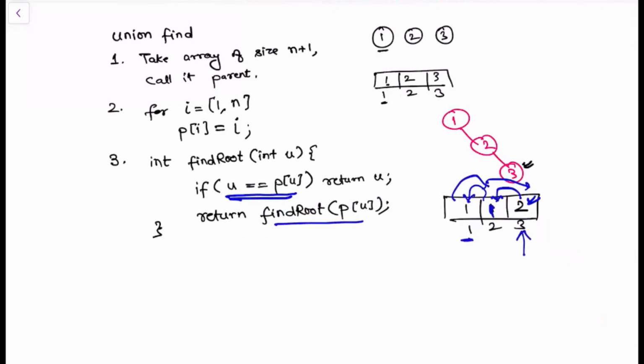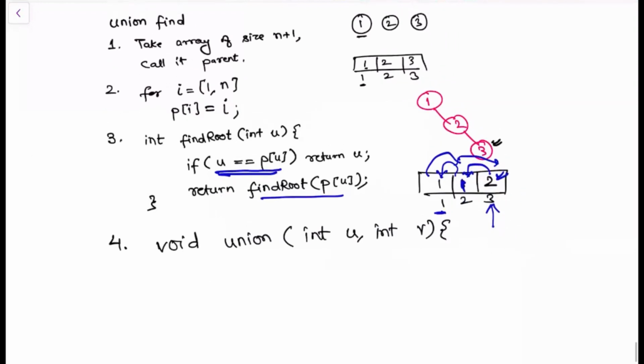Okay. Fourth thing, using find root, we will write the union and find functions. So we have to do union. That means we have to join two vertices, int u, comma, int v. How did we write the union function earlier? What did we discuss? How will you join two vertices? Yeah, you have to find roots, not parent.